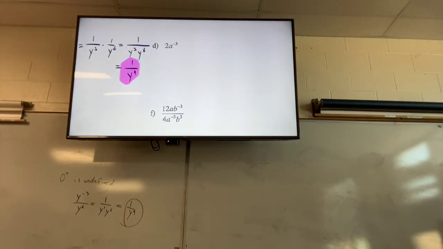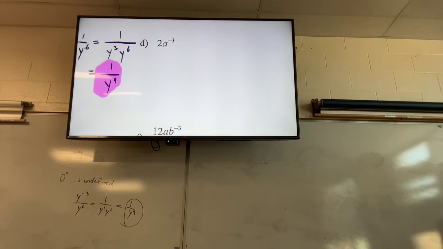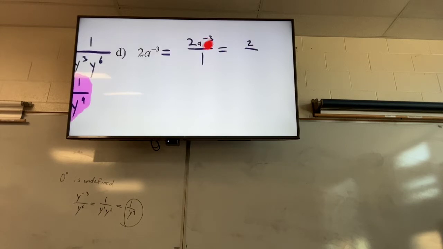All right, 2a to the negative 3, Maggie. What's this equal to then? You don't flip the 2. The negative 3 only applies to the a. So 2a cubed.